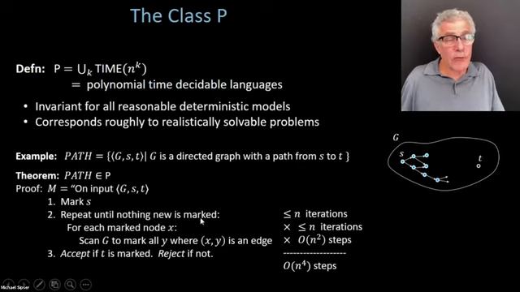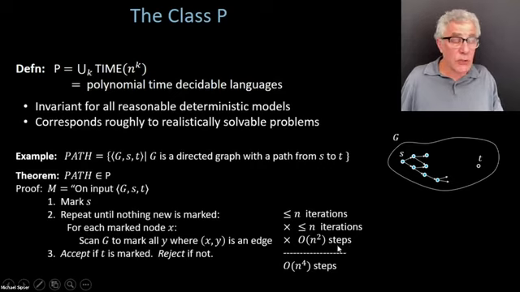And for each time we've marked something, we have to look at all of the previously marked nodes and see which things they point at to mark them too. So this is an inner loop, which again has at most n iterations, because it's going through all of the previously marked nodes. Then we can scan G to mark all of the nodes which we have not yet marked, checking whether they're connected with a previously marked node by an edge. And I'm being generous here because I don't really care.